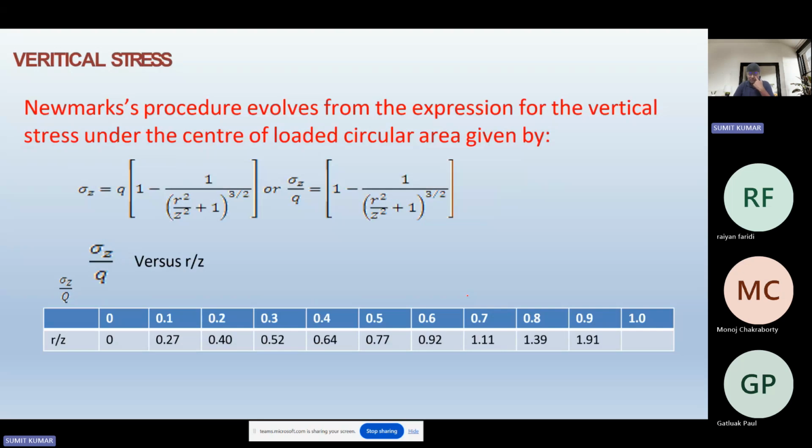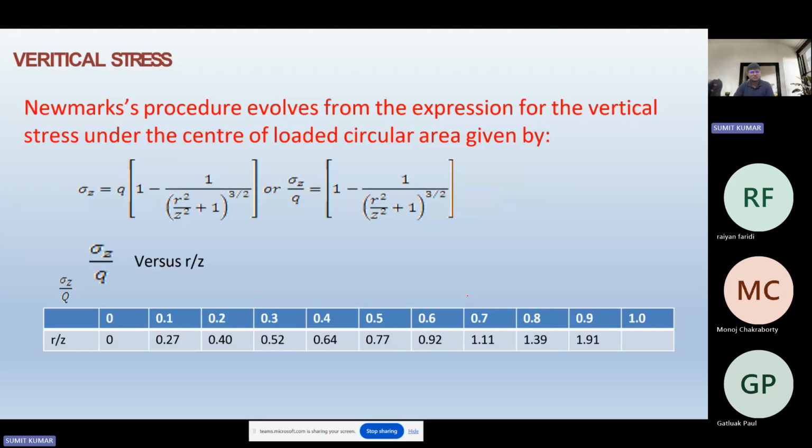The expression for the vertical stress under the center of a circular loaded area is given as sigma z equal to q into 1 minus 1 by (r square by z square plus 1) whole power 3 by 2. When we rephrase it, we can write sigma z upon q equal to 1 minus 1 by (1 plus r square by z square) whole power 3 by 2. So a sigma z by q versus r by z graph can be created, and for that we do some calculation considering some values.